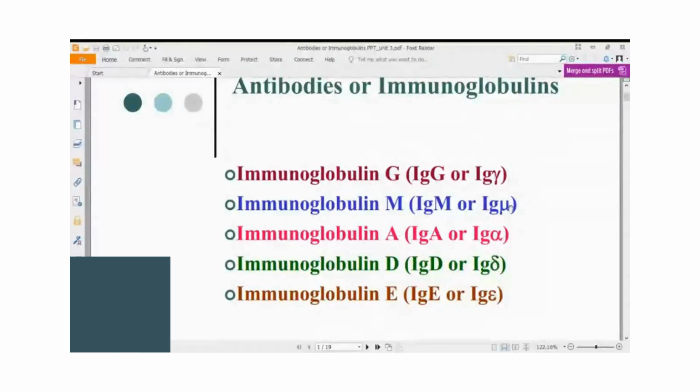Gamma, mu, alpha, delta, and epsilon are different proteins, and they come from the constant region of the antibody gene. Based on the constant region of the antibody gene, the antibodies are named. And that constant region recombines with the variable region.